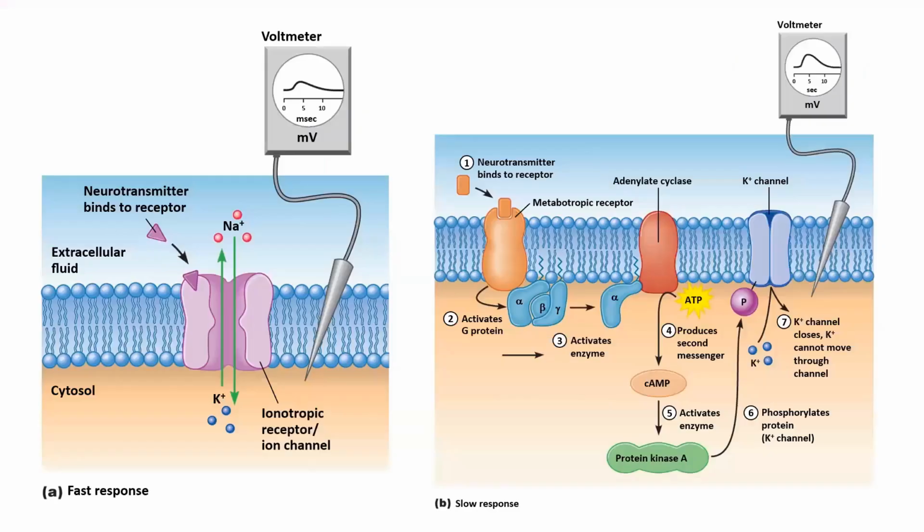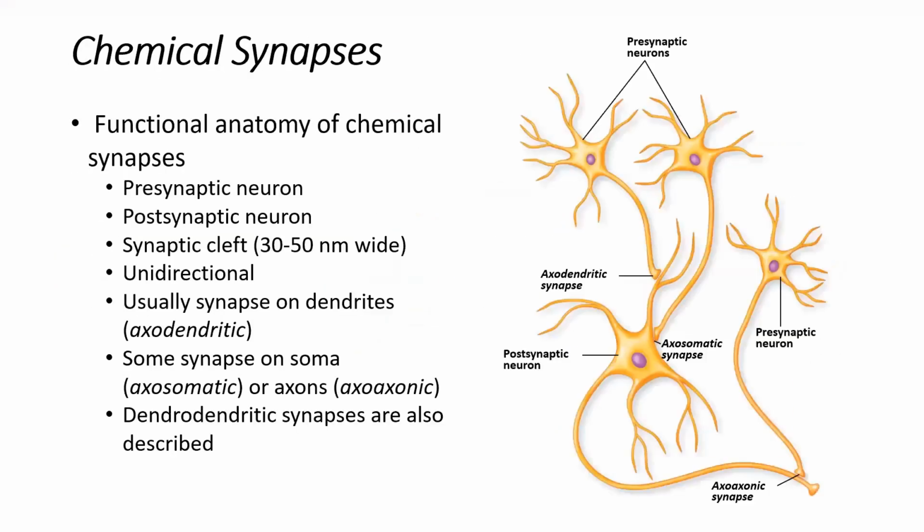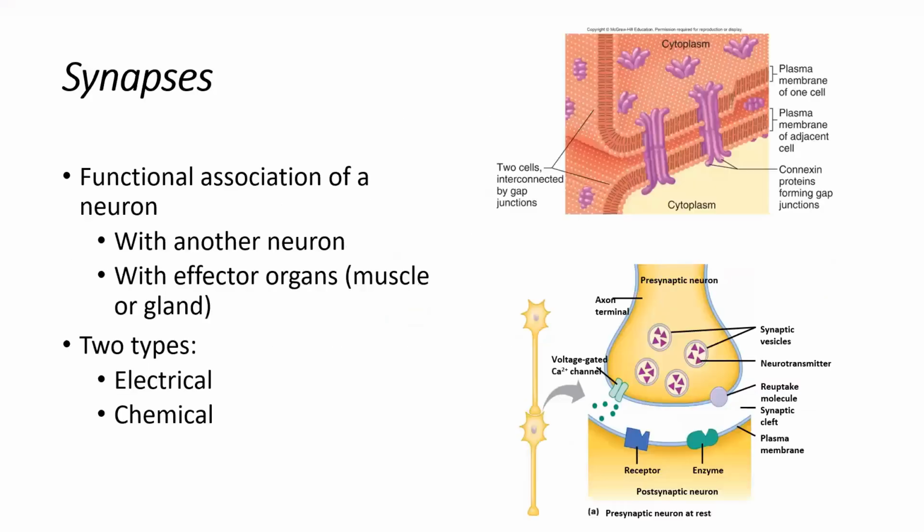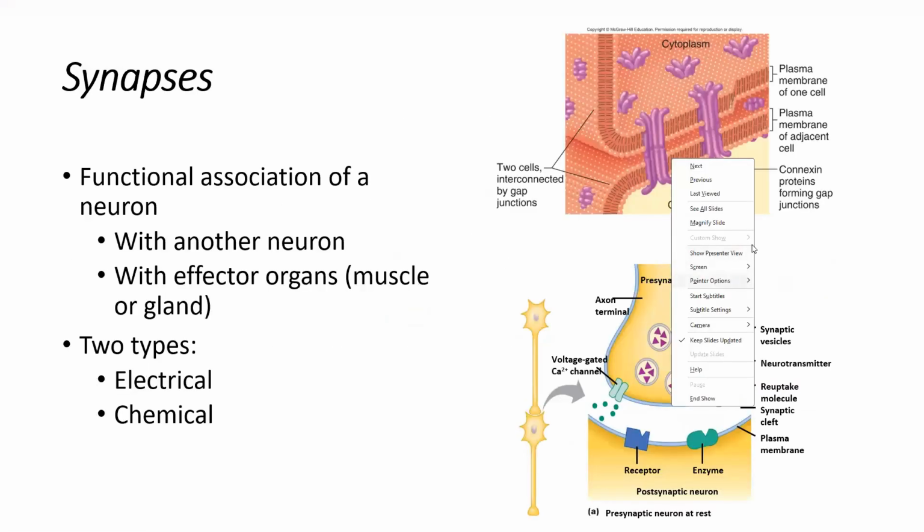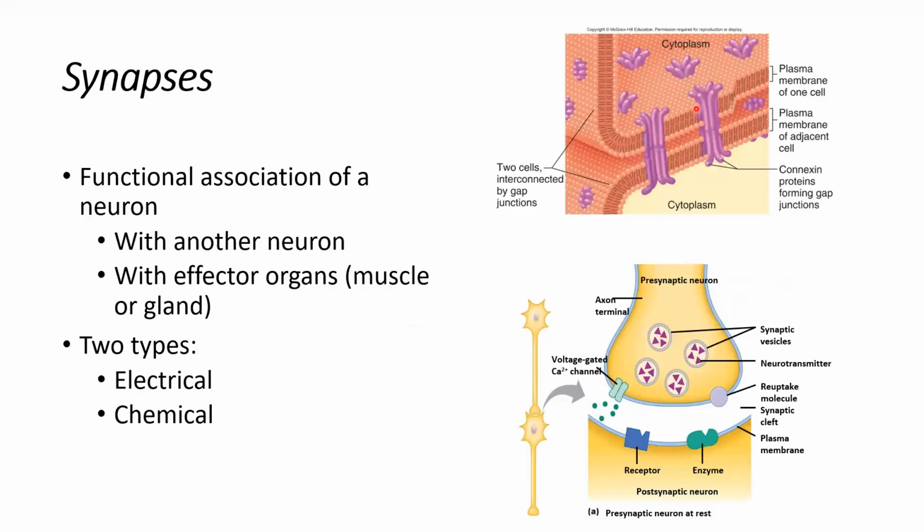So the electrical synapse is different because it is basically cell to cell. So here's what an electrical synapse looks like. It's one neuron pressed against the other, and they are connected physically by a gap junction, which is really spanning the membrane of both of these neurons.